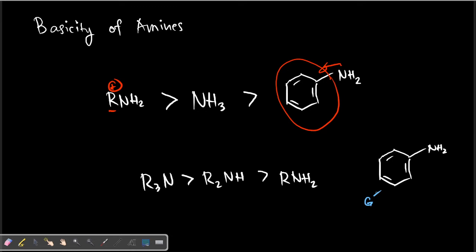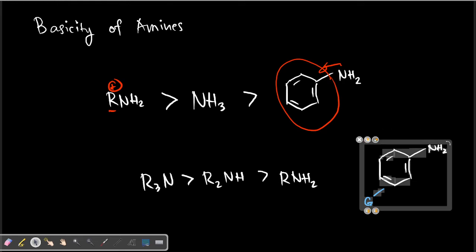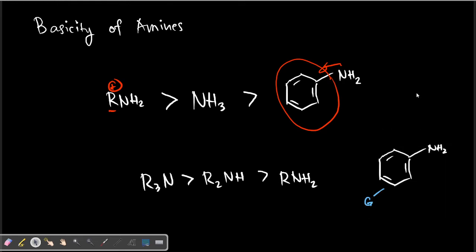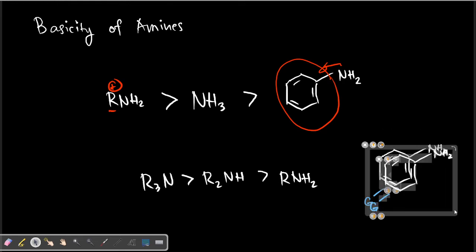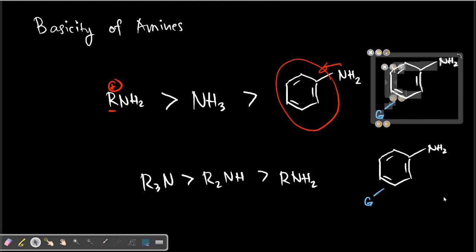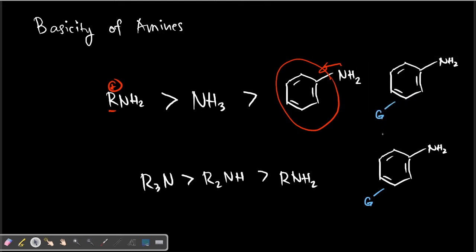So, kung yung group natin, halimbawa, ay dalawa sila. Let's say we have here this group. So, yung isang group natin, let's say ay mga electron releasing groups.